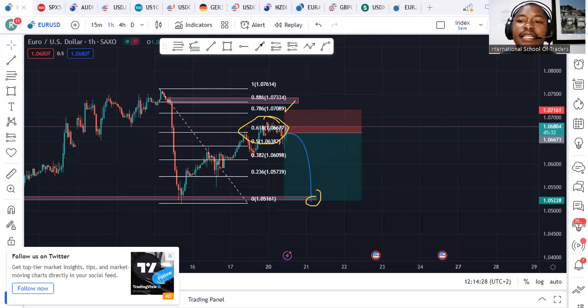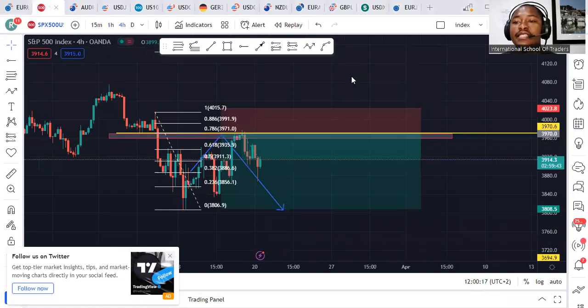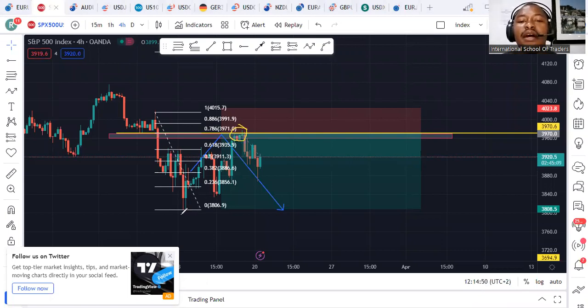And then looking at other setups and trades, I'm looking at the S&P 500. This is a setup that we discussed last week, and when we discussed it, I looked at this level and said this is where this market is expected to change direction, and the market is still going according to our analysis.